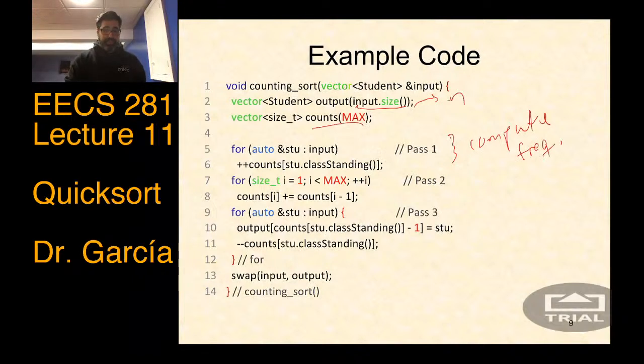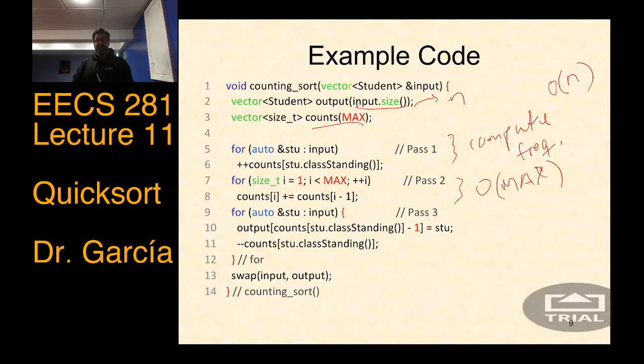Then this is the second pass that we were talking about. Notice that the first pass is going to be O of n, assuming that, again, input.size is n, right? So this is an O of n for loop. Then the second pass is just going to be O of max, whatever that size is.